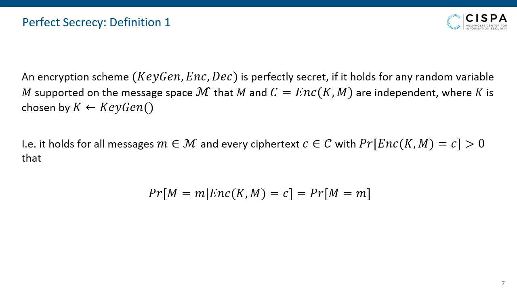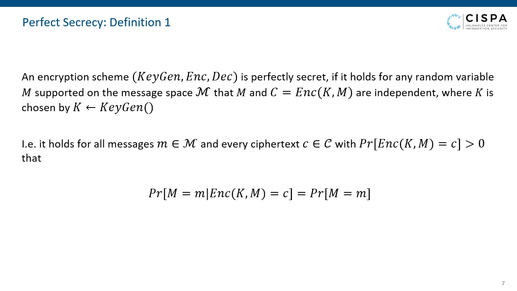Writing this more formally, we require that it holds for all messages m in the message space and every ciphertext c, which has positive probability of being the output of encrypting a message chosen by M, that the conditional probability of the message M being lowercase m, given that the ciphertext is c, is the same as M being m unconditionally.